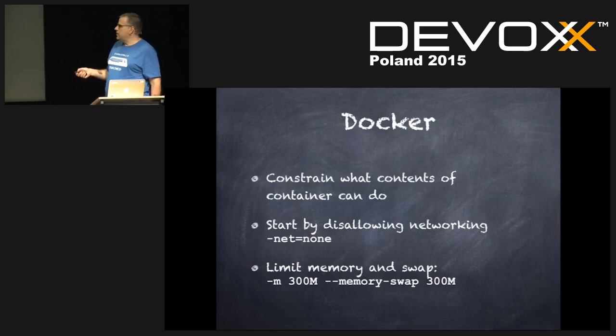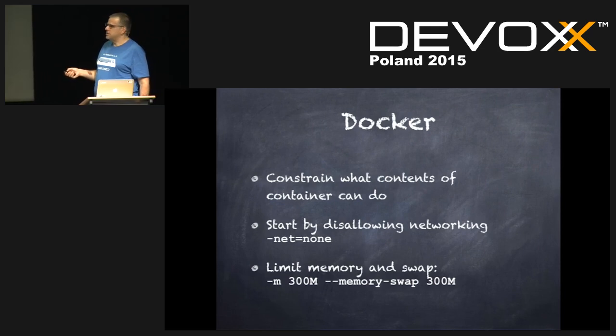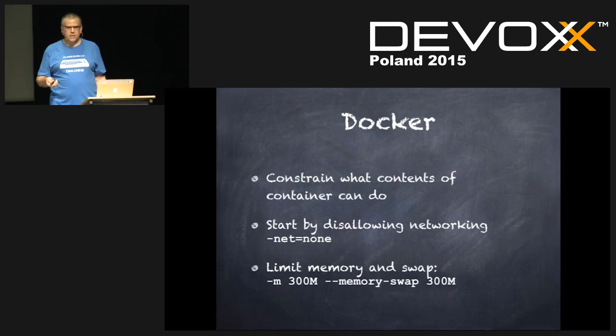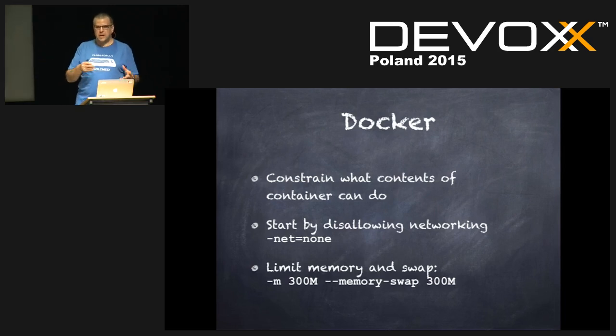And also that the total memory plus swap space is also 300 megabytes. So an individual container can't cause the host to swap, which means that the individual container can't cause the host to perform more I/O operations and deny some or all services to other containers running on the same host.